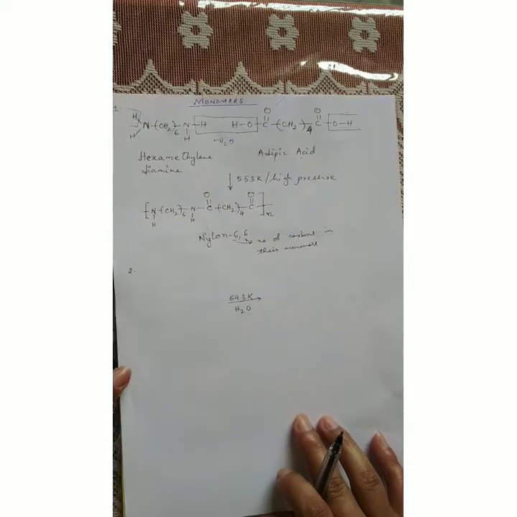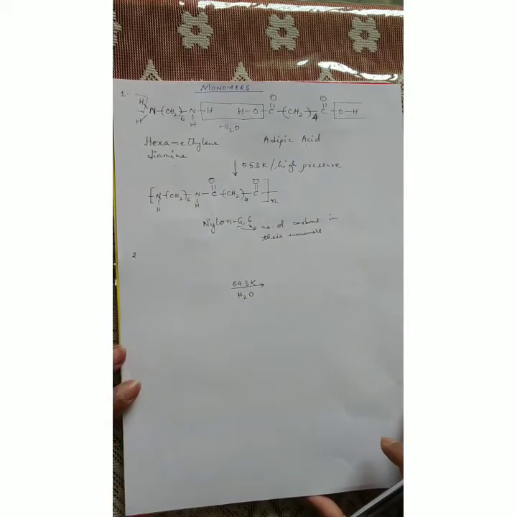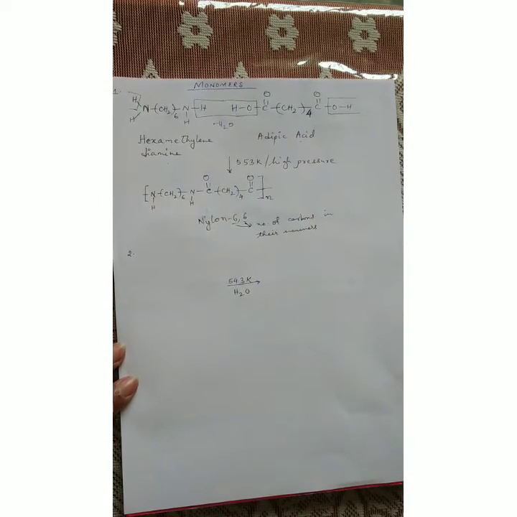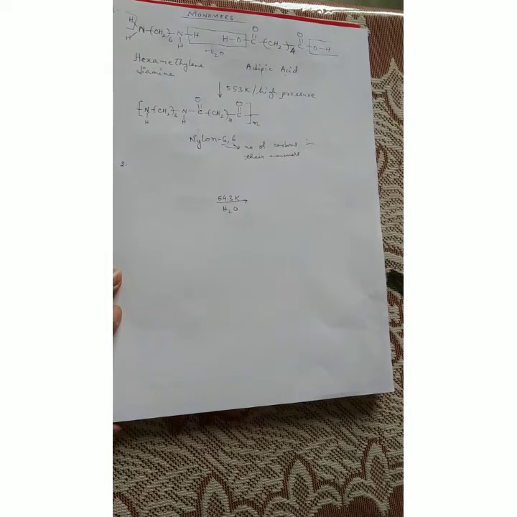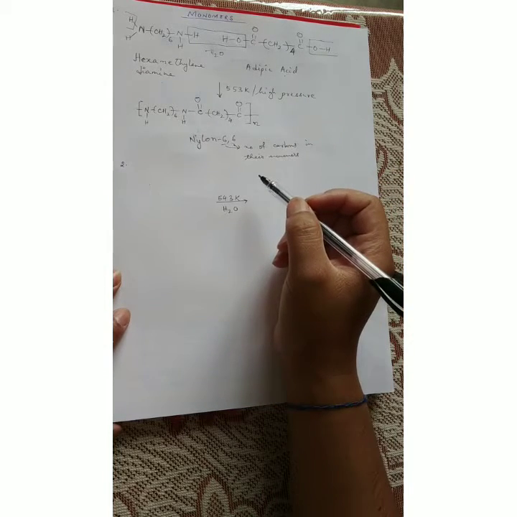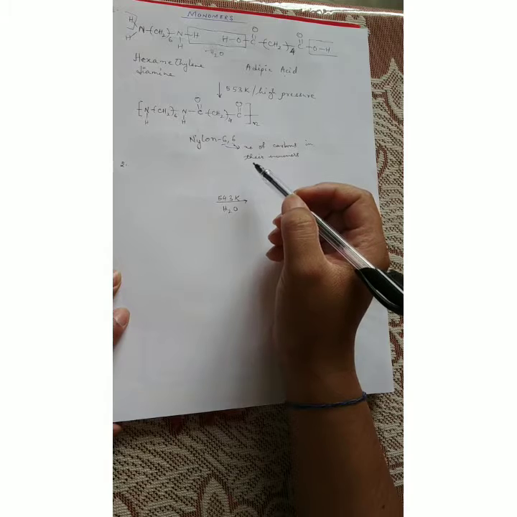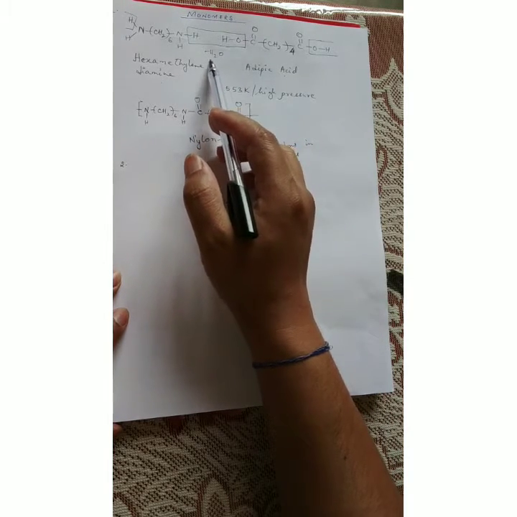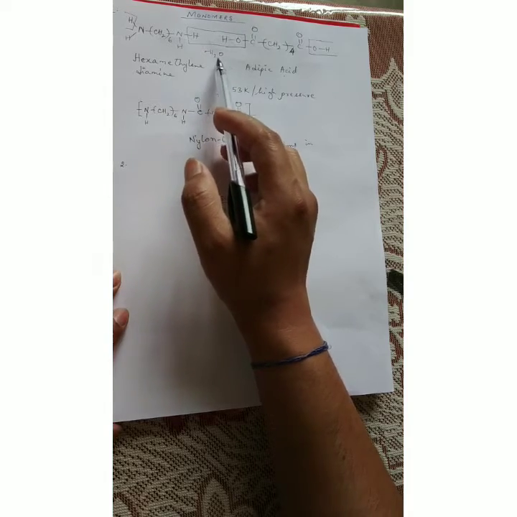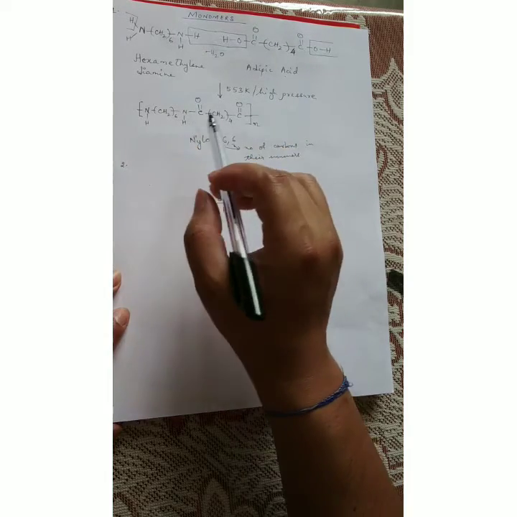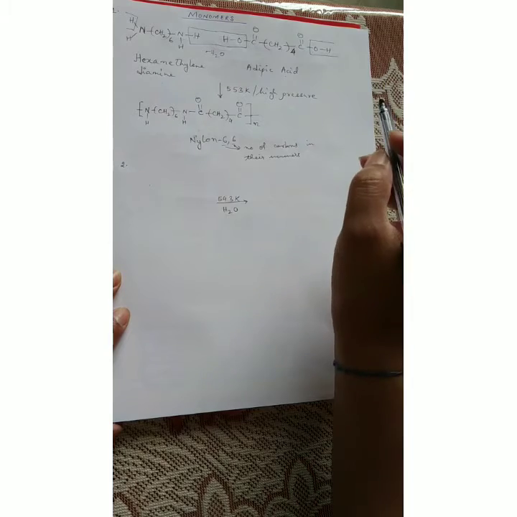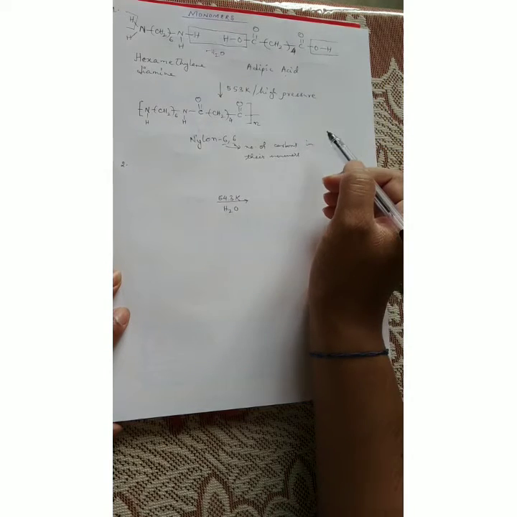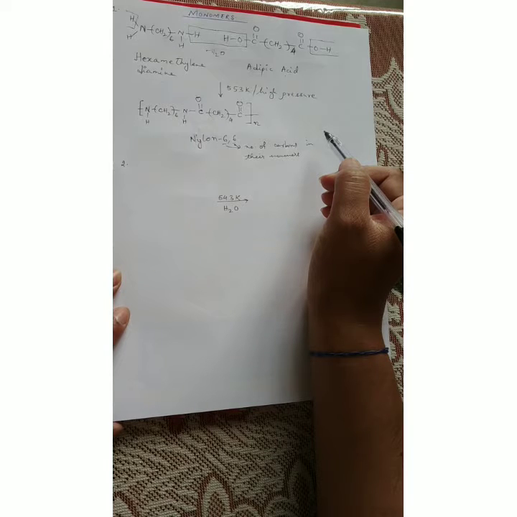Then the uses, please refer to your book. In this case we are eliminating H2O. Since we are eliminating small molecules like H2O, this falls under condensation polymer, which is also known as step growth polymers.